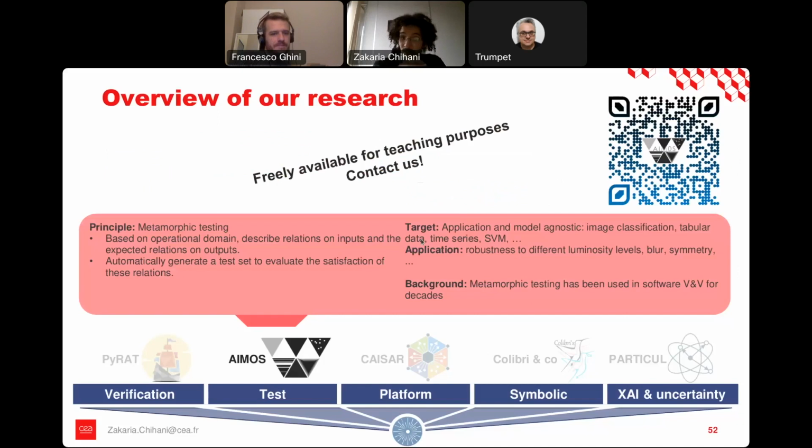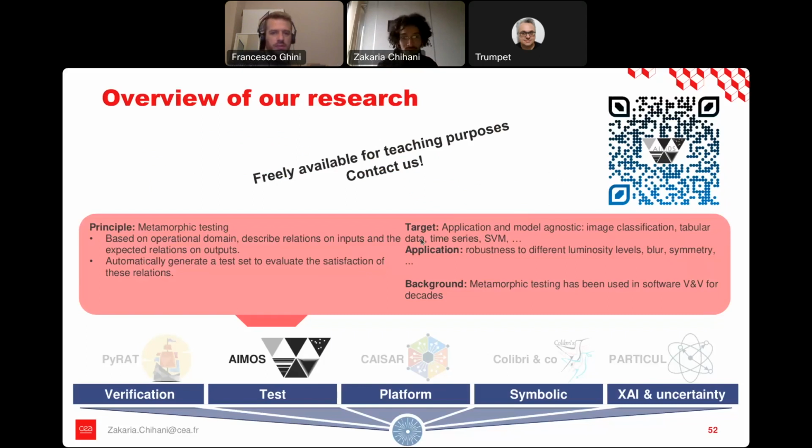If you're in charge of an AI course and you want to give your students a sense of the importance of taking into consideration the safety aspect of their models, then get in touch with us and we can see how we can work together to put Amos into their hands. It's very easy to use.